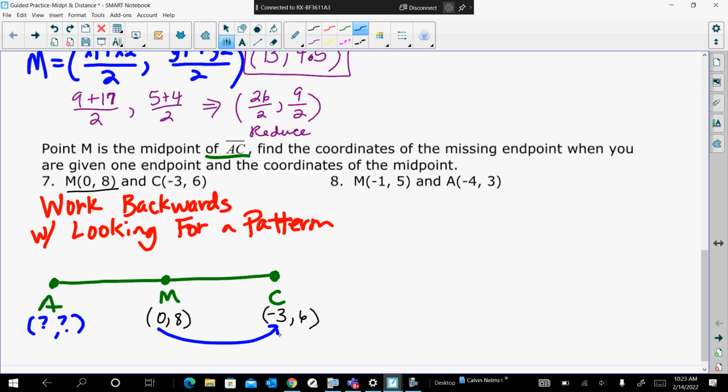Not +3, -6, no. Your +3 is right. It went from 0 to -3. So how did it change? It lost 3. So we're doing that same 3 in this direction. So what would that make that number?